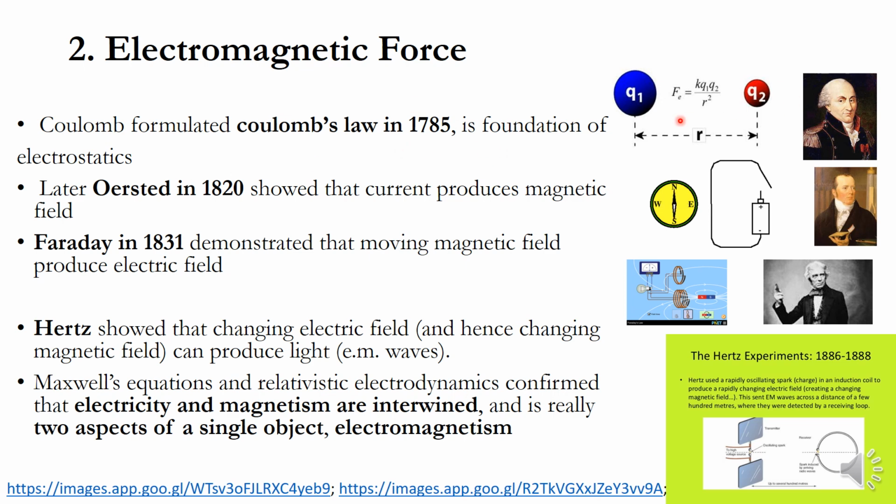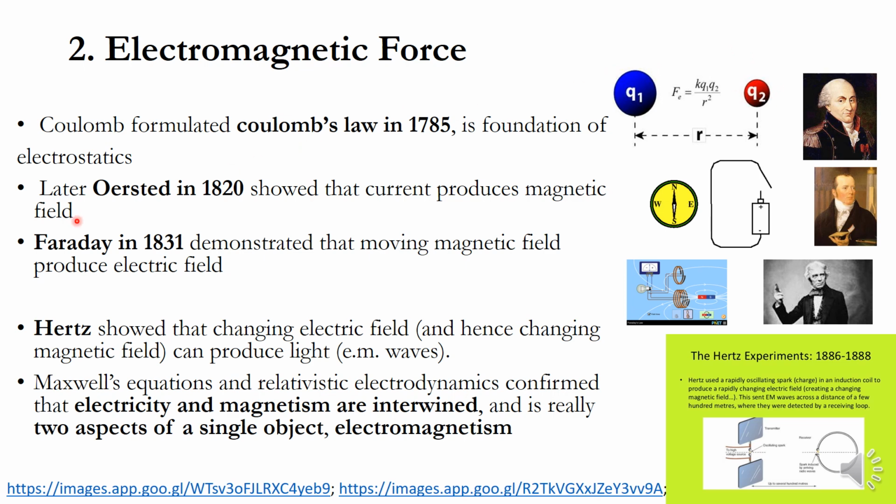That is, by Coulomb's law, F is equal to 1 by 4 pi epsilon 0 q1 q2 by r square, and this force can either be attractive or repulsive, depending on the sign of q1 and q2.